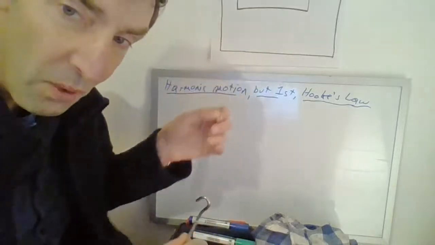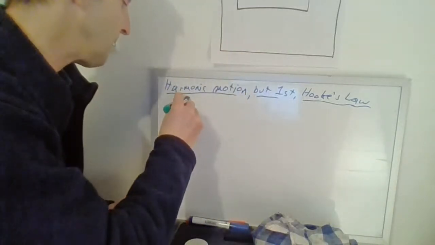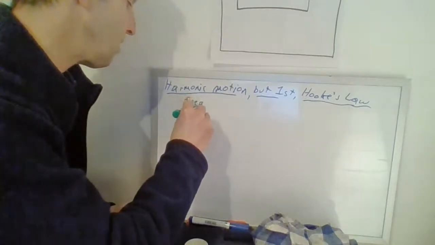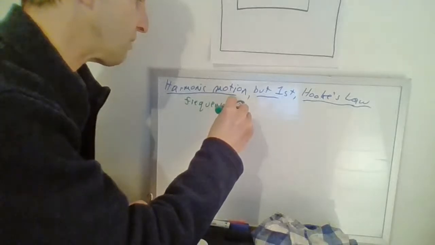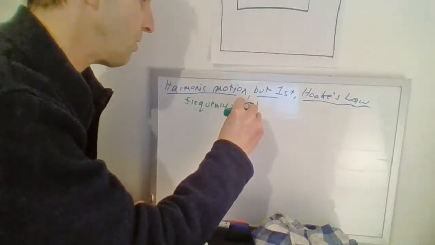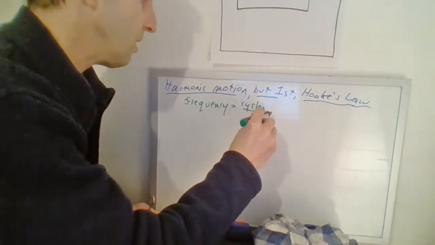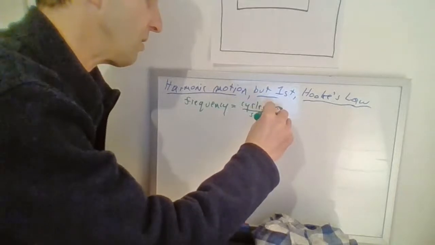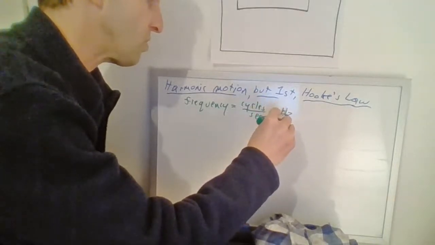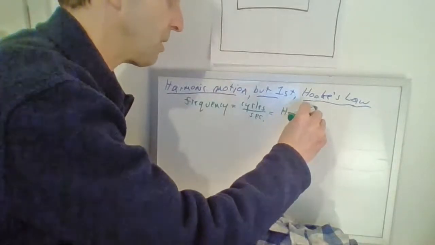So just a reminder from last time, we said frequency was the number of cycles in a second, which is equal to the number of hertz. So 1 hertz is 1 cycle per second. I think we had that last time.